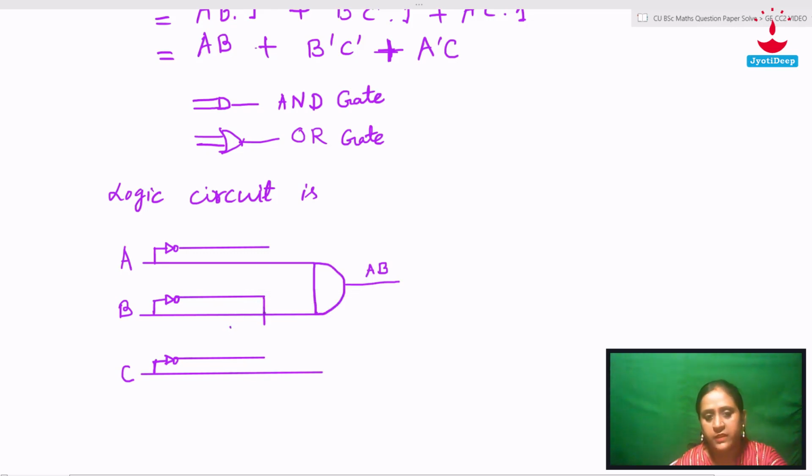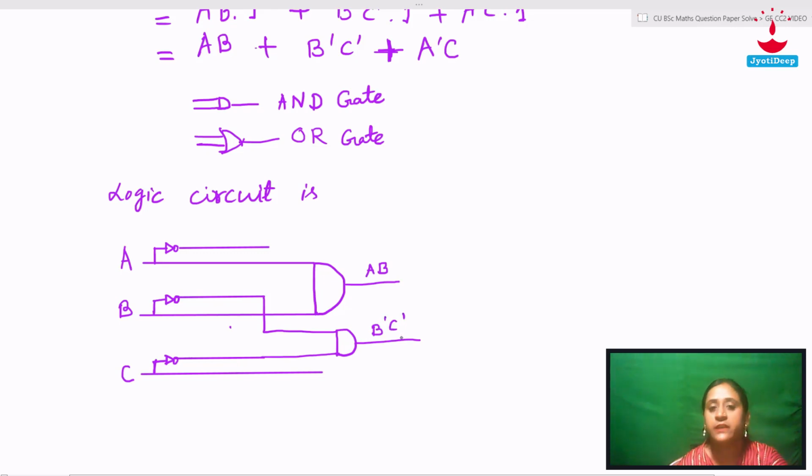B dash is here and this is C dash. So this is an AND gate and this is B dash C dash.